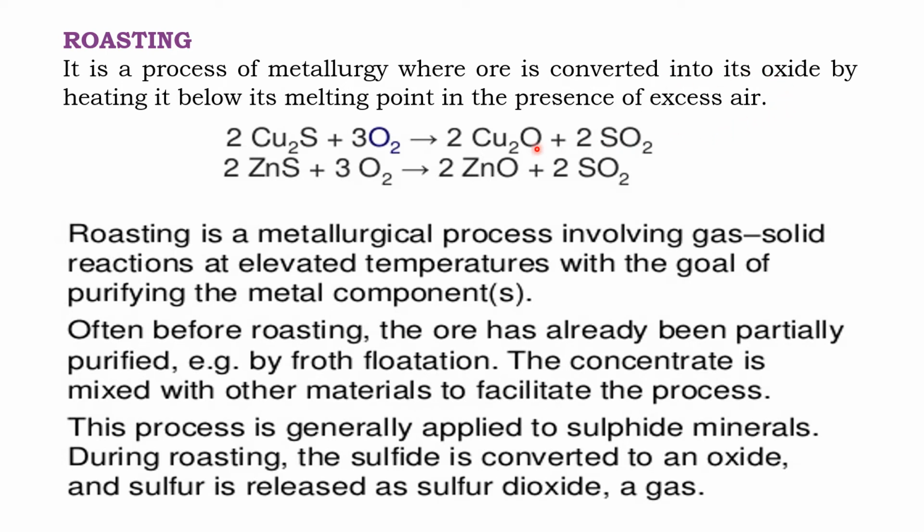Usually sulfide ores are treated by the roasting method because when these sulfides are heated at a particular temperature in the presence of excess oxygen, the sulfur combines with oxygen to form sulfur dioxide, which is a volatile gas and easily escapes, leaving behind the oxide of the corresponding metal.